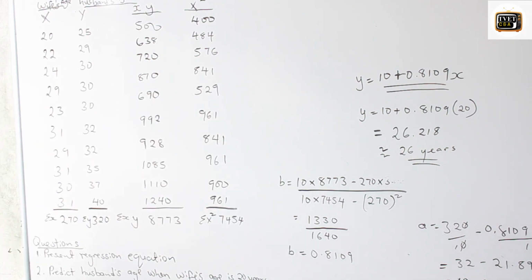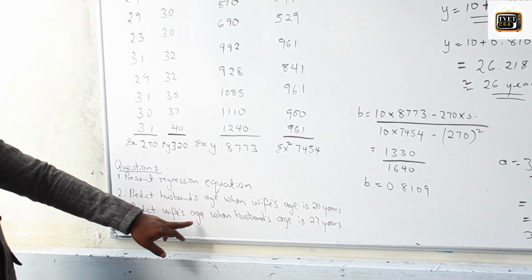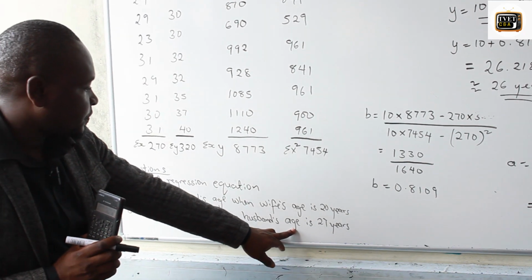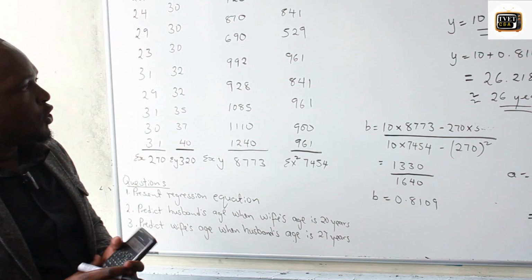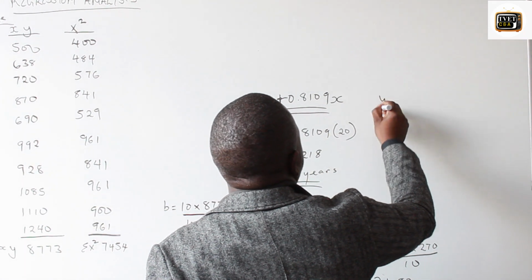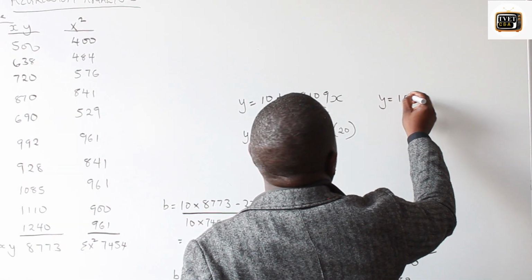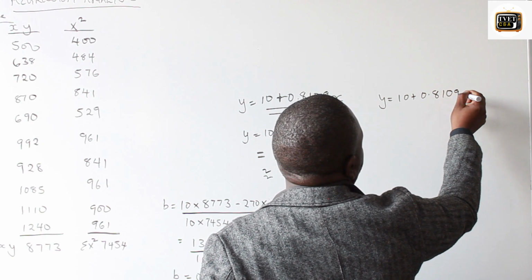Then the final question on question number 3 was to predict the wife's age when the husband's age is 27. What do you do here? Remember our equation was y is equal to 10 plus 0.8109x.